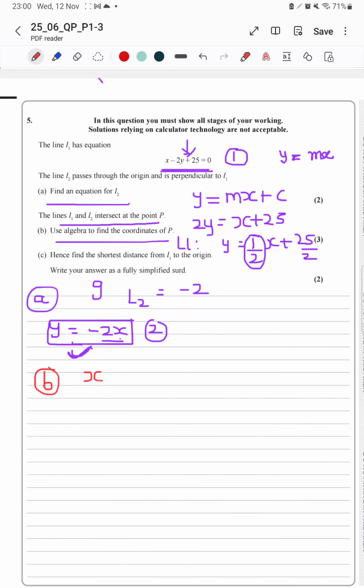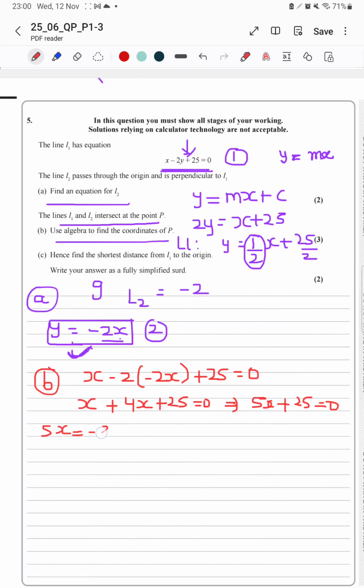So it will be x minus 2 times negative 2x plus 25 is equal to 0. So we get x plus 2 times 2x, which is 4x, plus 25 is equal to 0, which gives me 5x plus 25 is equal to 0, and upon solving, 5x is equal to negative 25, which gives x is equal to negative 5.